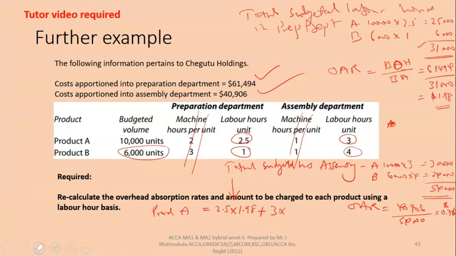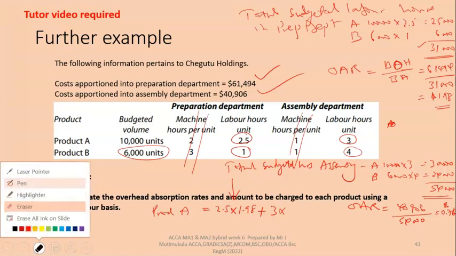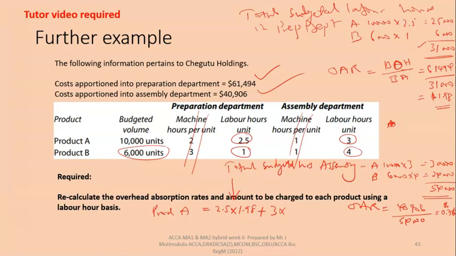Okay, for the assembly department, that's 0.76, sorry. Remember this is an overhead absorption rate for preparation department, and this one was for assembly.